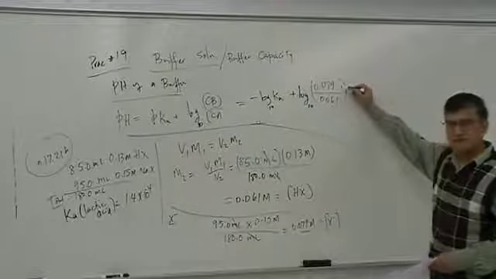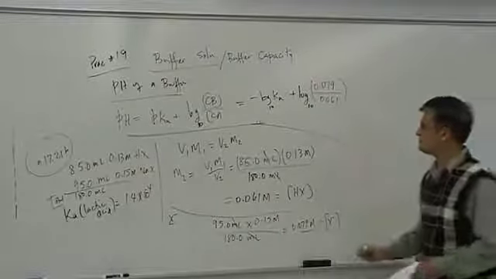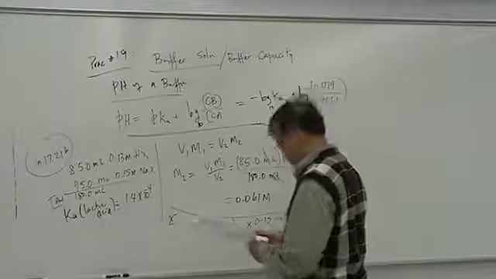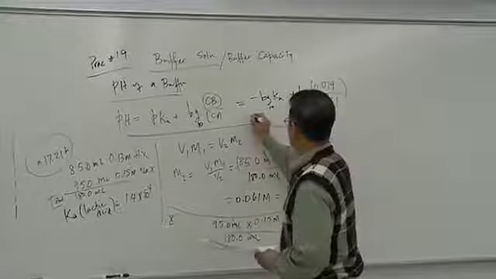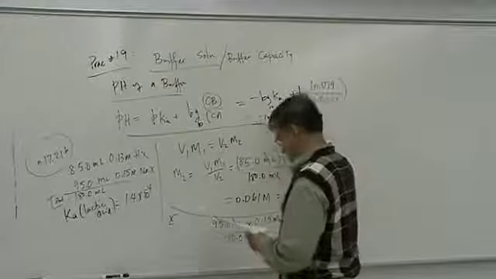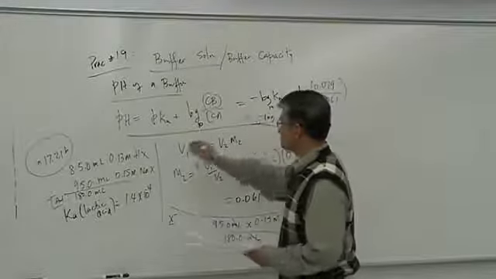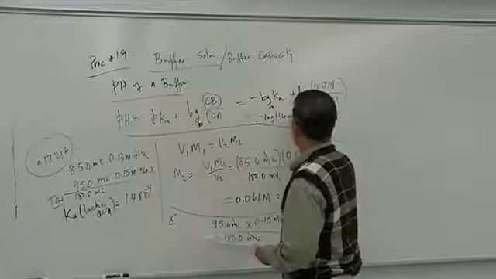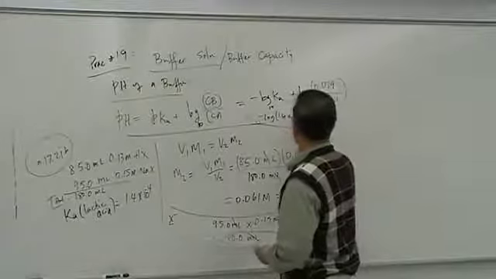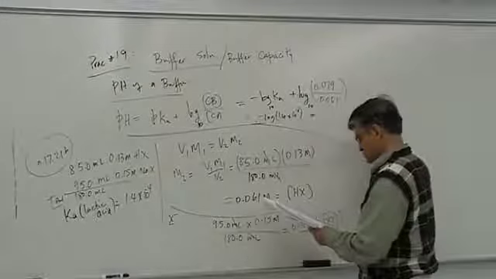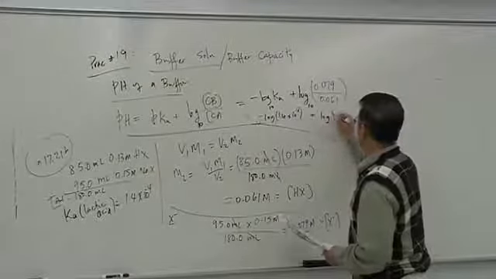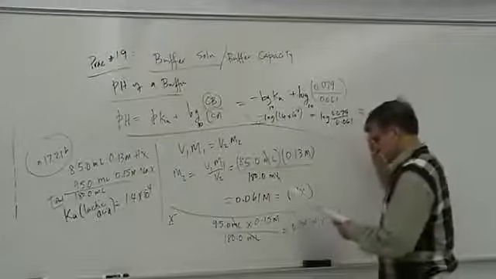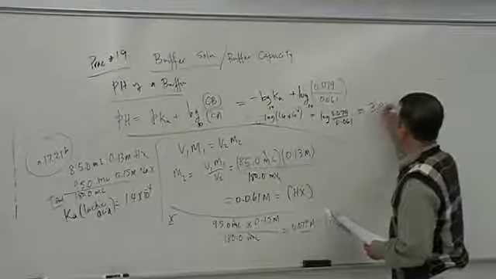The conjugate base is sodium lactate. Ka is given as 1.4 times 10 to the negative 4. So I got minus log of 1.4 times 10 to the negative 4, plus log of 0.079 over 0.061. And my answer to this was 3.96.